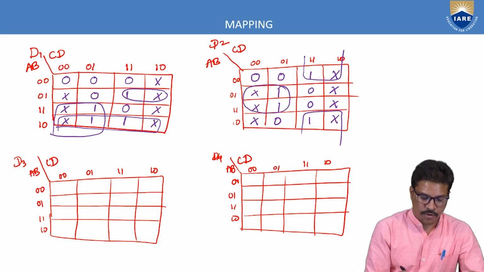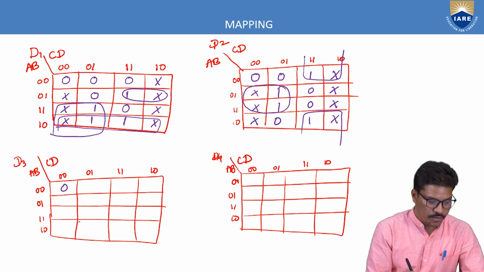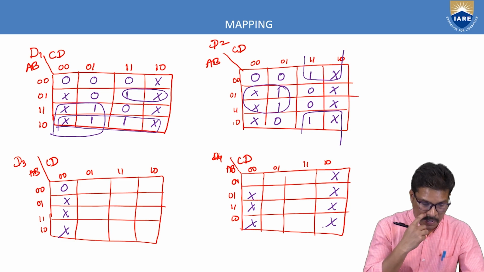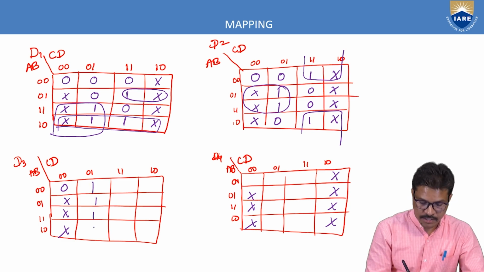And the third one from the table, we can write down like this 0. These are actually duplicates for every table. You can create this one. Then in this case, these are ones, these are zeros.